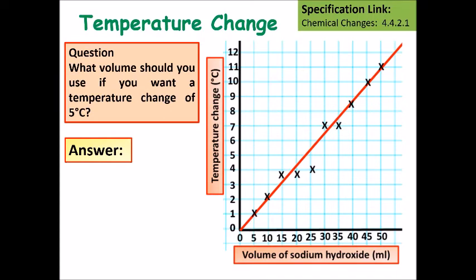One question that we might want to think about is, what volume should we use if we want a temperature change of 5 degrees? The answer: you would read across from 25 degrees, then read down to the volume of sodium hydroxide, so that would give us an answer of 24 millilitres.